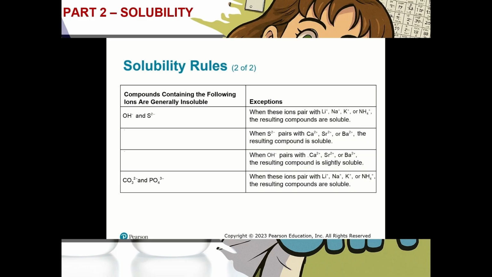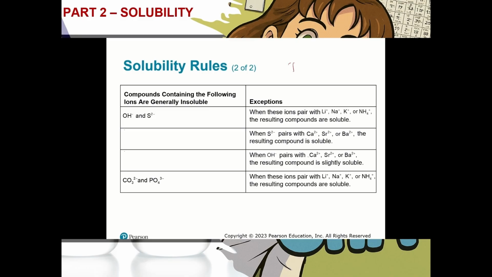Normally, those compounds with hydroxide and sulfide are not soluble unless these ions pair with lithium, sodium, potassium, or ammonium. Or when sulfide pairs with calcium, strontium, or barium, the resulting compound is soluble. Or when hydroxide pairs with calcium, strontium, or barium. So that means barium hydroxide will be soluble.